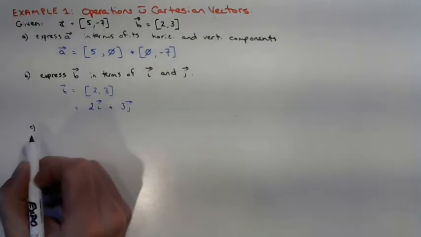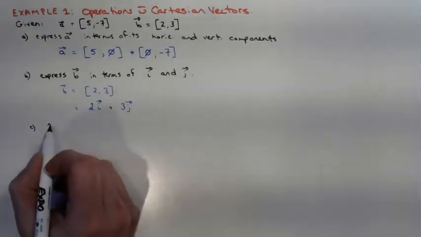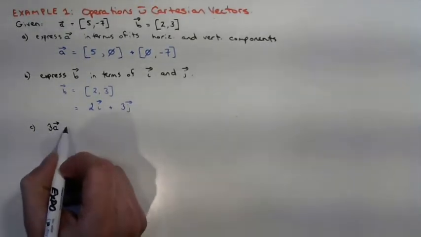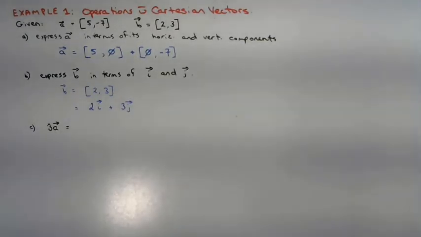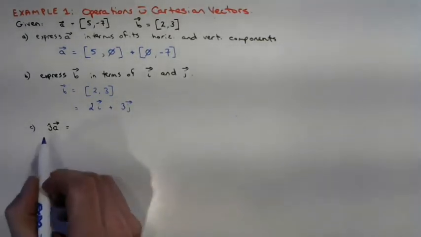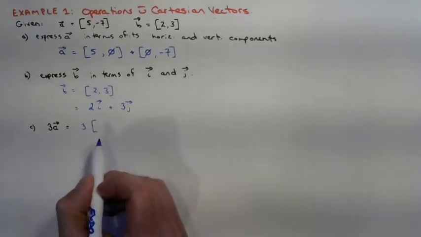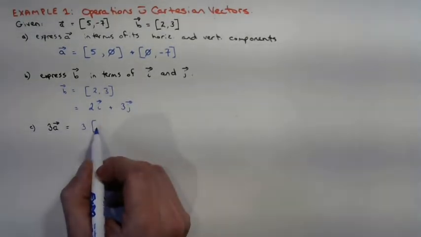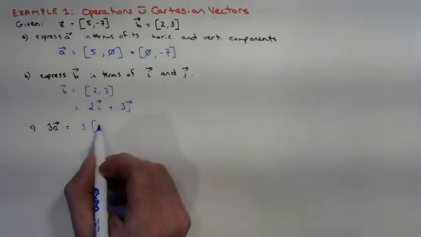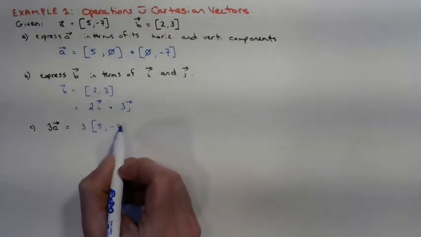Looking at C. C says, calculate 3A. Well, for 3A, I'm just going to take my scalar multiplier of 3. I'm going to take my position vector A, which is 5, negative 7.